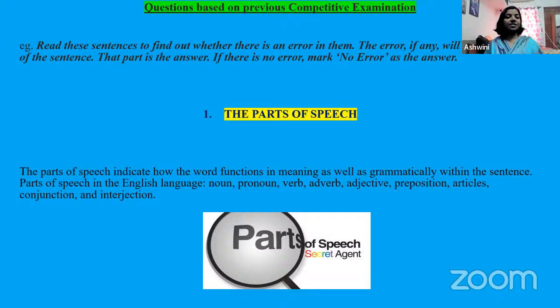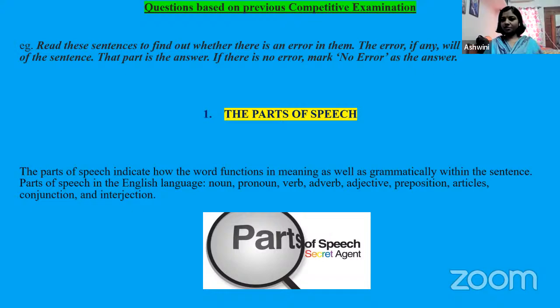And the parts of speech in the English language, how many parts of speech? Someone can say that is 8 and 9, but we must say that it is 9. Why? Because it includes noun, pronoun, verb, adverb, adjective, then preposition, articles, conjunction, and interjection.